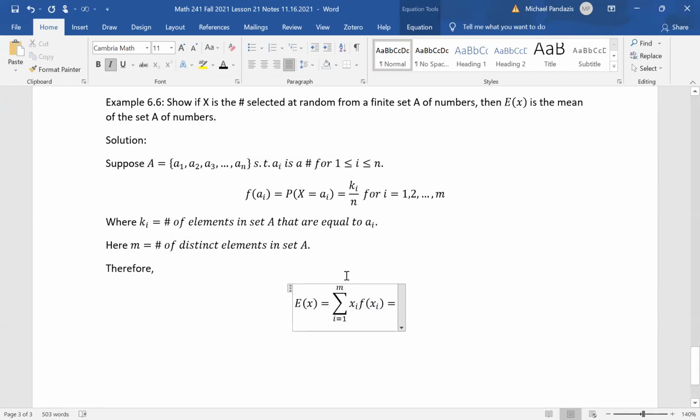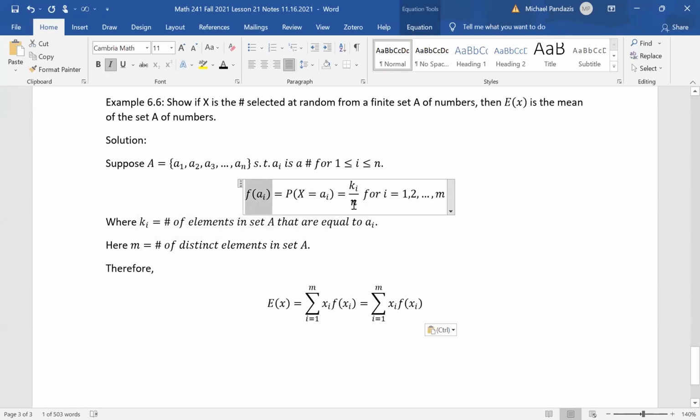And so this is equal to this sum. Now, x sub i is what it is. Now f of x sub i is given by this function here. So f of x sub i is going to be k sub i over n.